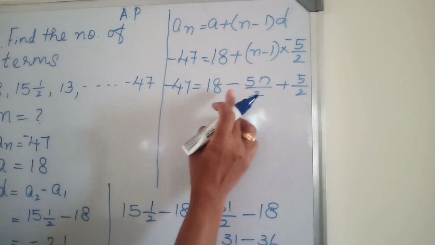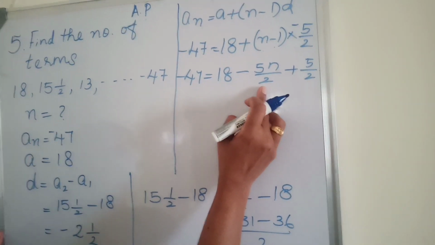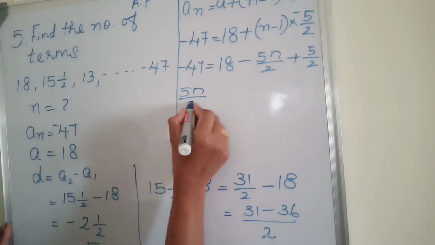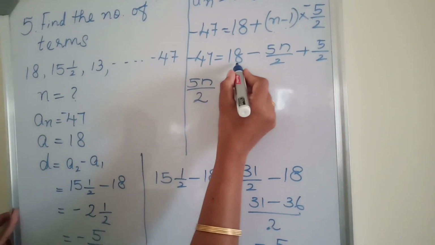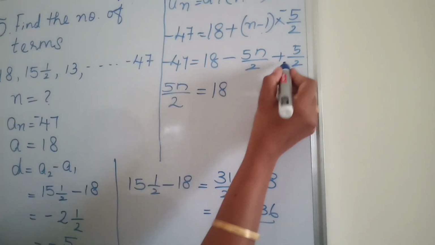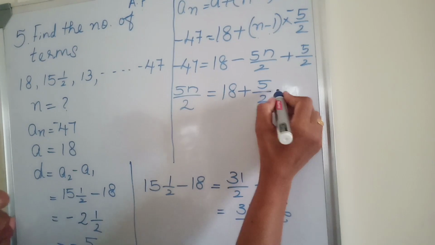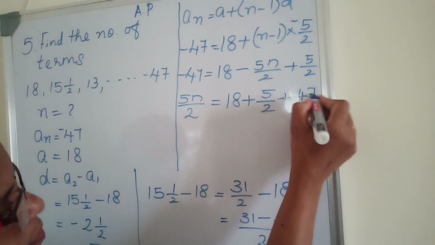So here the variable term is a negative term, that we will take to the left side. It will become 5n by 2 is equal to, already 18 is there, plus 5 by 2 is there. Minus 47 will become plus 47.